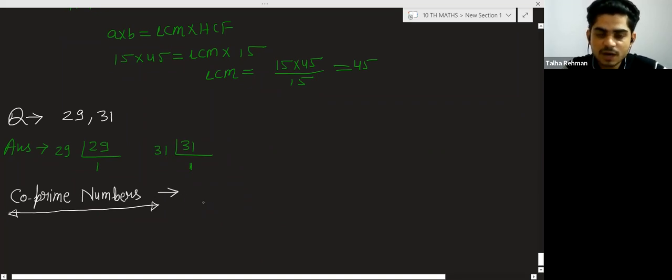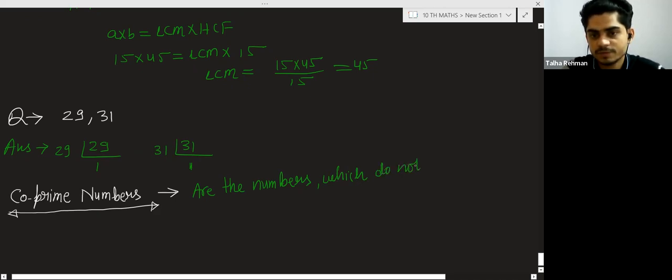Co-prime numbers are the numbers that do not have any common factor other than 1.